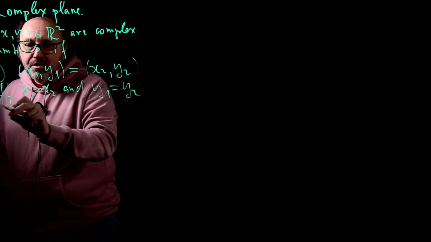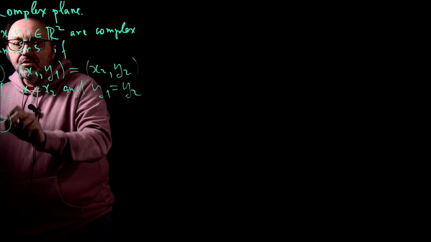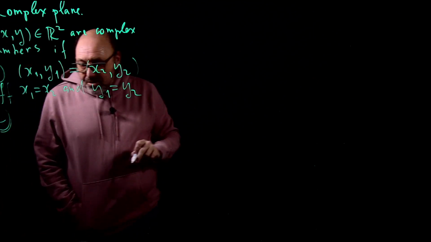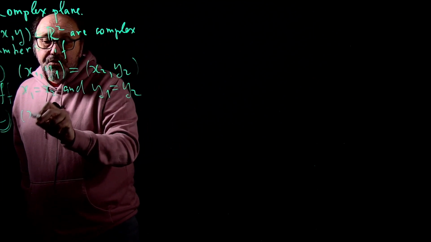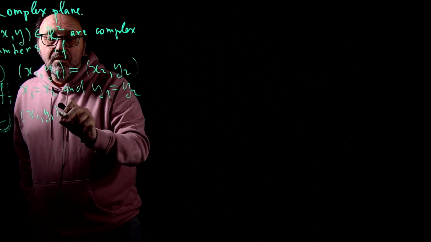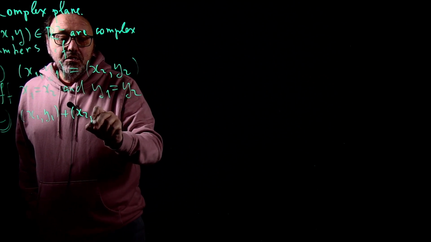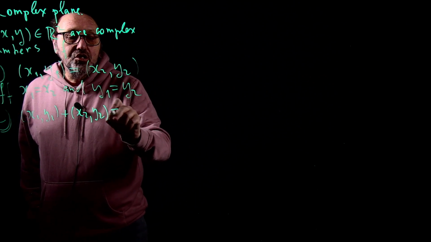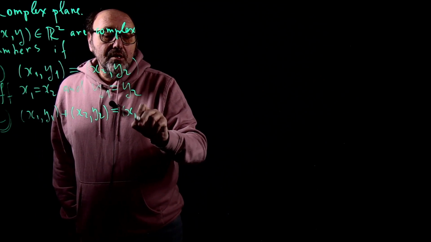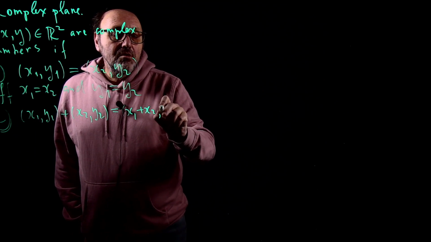This is the usual rule for points of R². The addition of our couples is the usual addition of vectors from R².